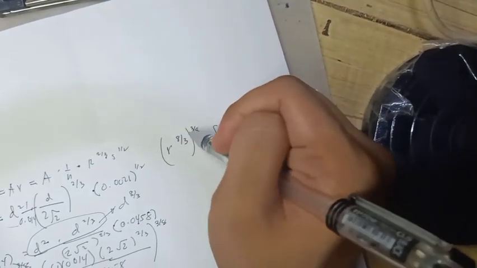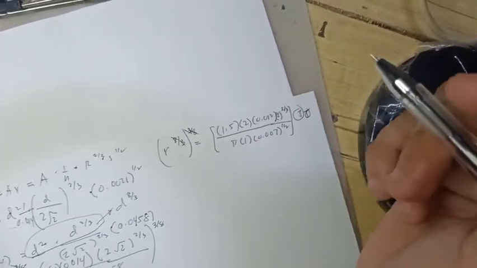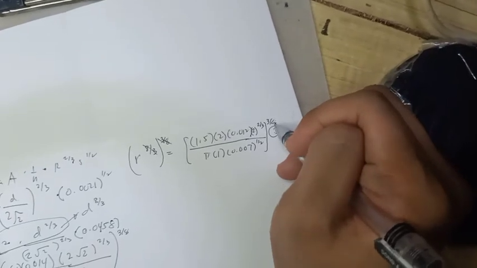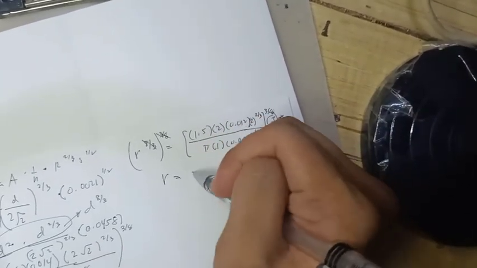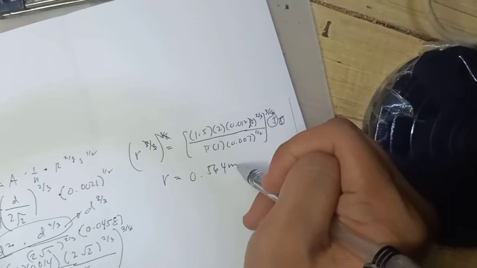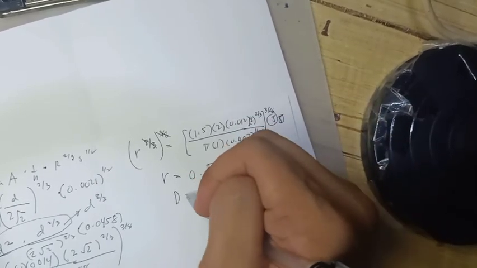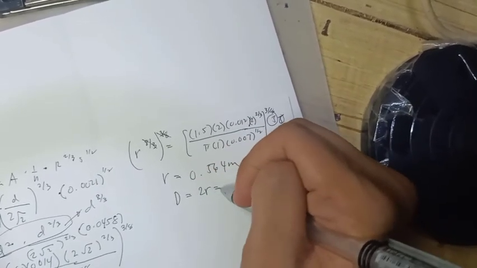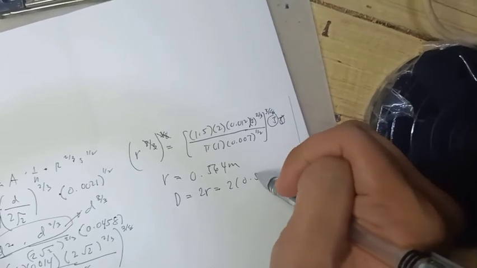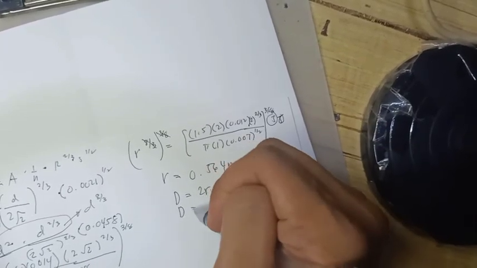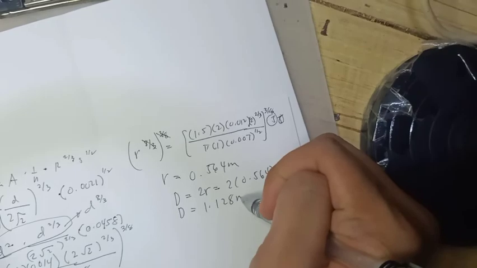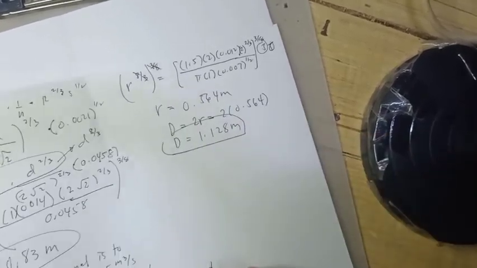We raise to 3 over 8 to cancel. So the R is 0.564 of a meter. Thinking that D is 2R, it will be 2 times 0.564, and D is 1.128 meters. This is the answer.